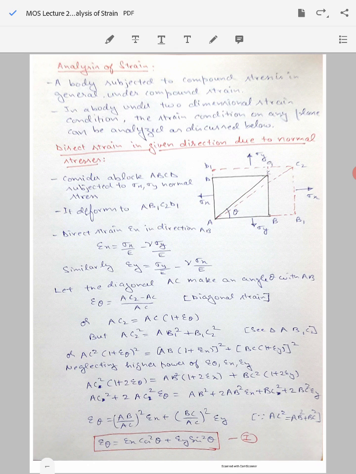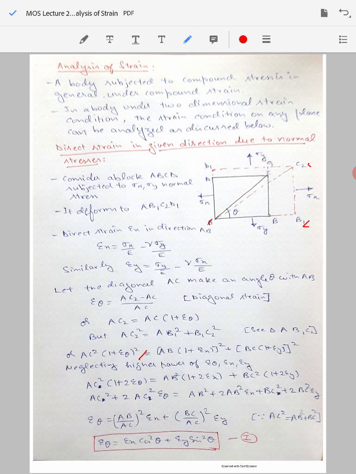Now from the triangle AB1C2, this is the triangle I am talking about, we can see that AC2 square is equal to AB1 square plus B1C2 square. For AC2 I am going to substitute AC into 1 plus epsilon theta, so it becomes AC square into 1 plus epsilon theta whole square.